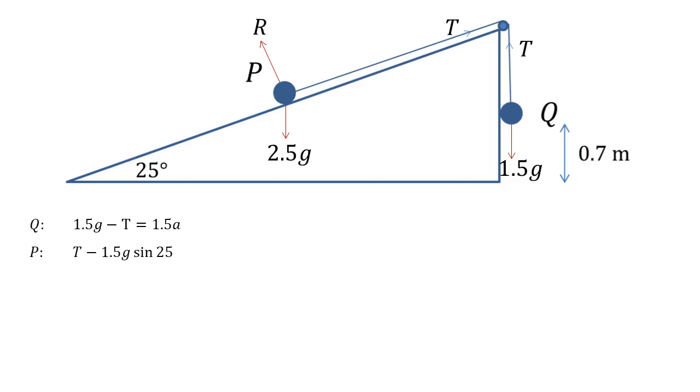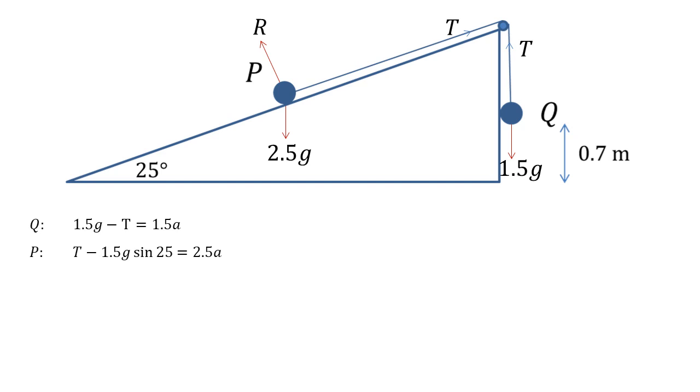If you're unsure where this has come from, think of the triangles you can make where that force line is the hypotenuse. And you'll soon see that the bit that we need that is parallel to the slope would be found with sine 25. So the force on P pulling up the slope is T minus 2.5G sine 25. Again, this is going to equal mass times acceleration, so it's going to equal 2.5 times A.